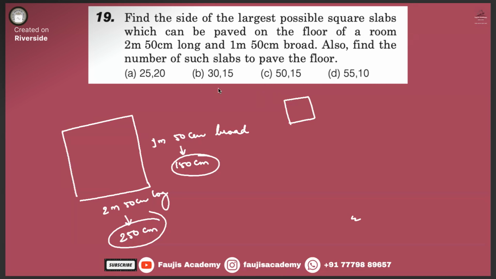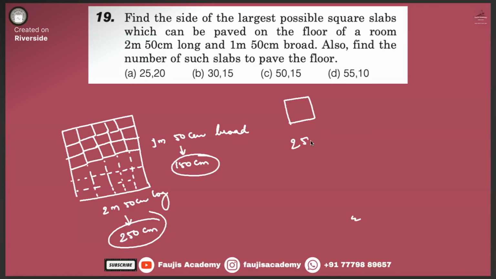If you notice the question itself, find the side of the largest possible square slab, which means, let's say if this is a tile, we'll be fixing these tiles like this throughout, and they have also asked us to find the number of tiles as well, right, guys? It's for the whole floor, everywhere.